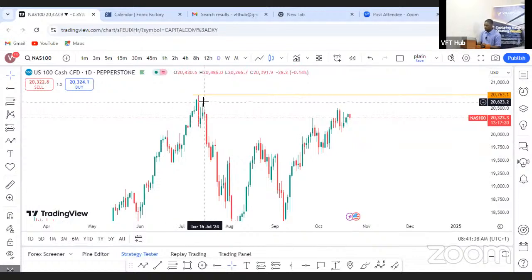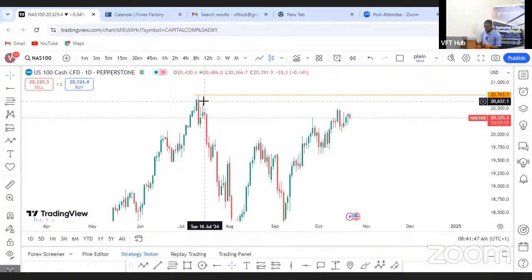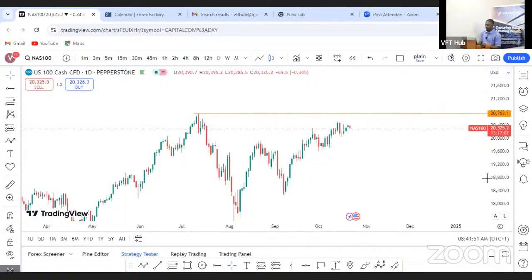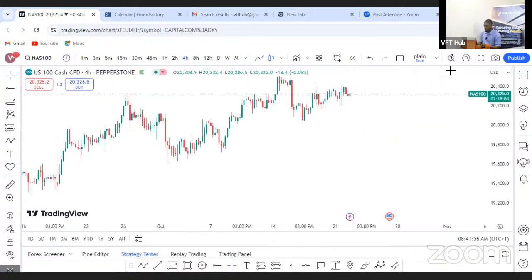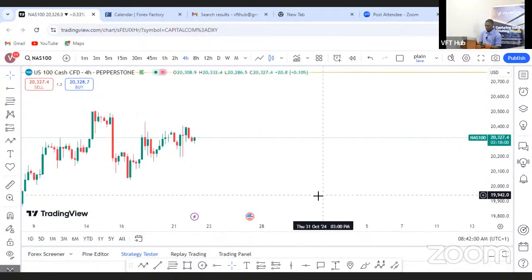That's 20,763.1. So I want to see a clear of the liquidity above that high. Clearly, we are bullish to the upside, right? However, on the 4 hour time frame, let's look at what is happening. On the 4 hour time frame, we are currently in a range.